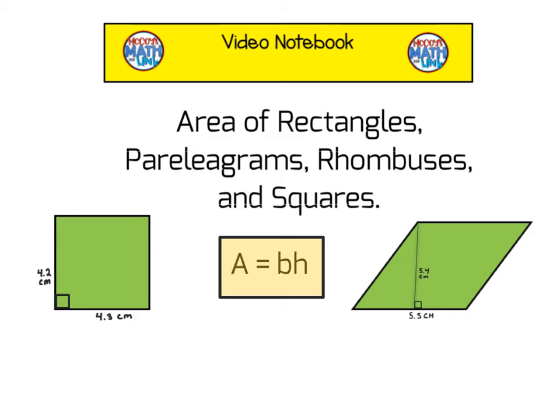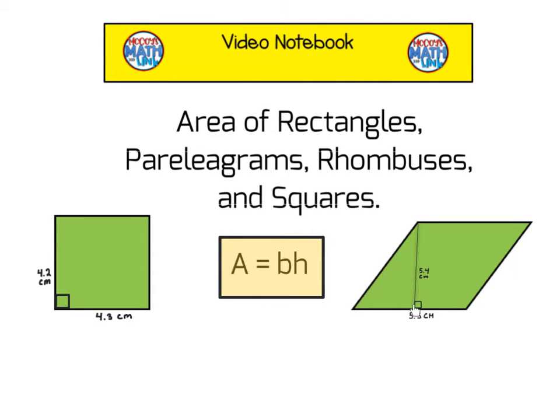If it's longer or shorter than 5.5, then it would be a parallelogram. Either way, we're going to use the base times the height for this, and over here we'll use the base times the height for this right here. And once again, just a side note, for any rhombus or parallelogram, for the height you're going to use this line that has this little box here, and this box represents that this is a 90-degree angle, so that we know that this height is actually the height, whereas on an angle like this, it's going to be longer than the actual height here.